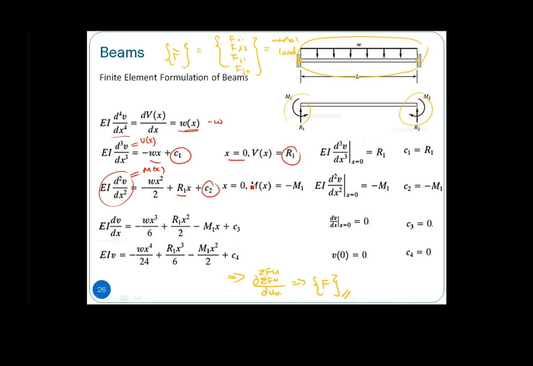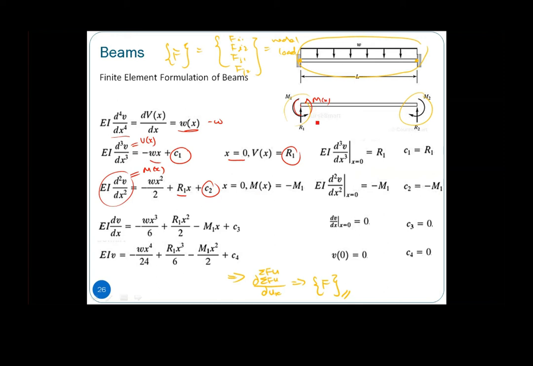Again, this C2 we can find at x equal to 0. What is the moment in this case? We have M1, and our moment Mx is actually equal to negative M1.